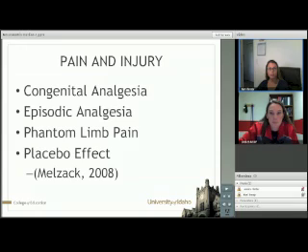Congenital analgesia is extremely rare, but episodic analgesia, in contrast, has been experienced by most of us one time or another. If you have ever cut yourself and not felt pain for minutes or sometimes hours following the injury, you have experienced episodic analgesia.